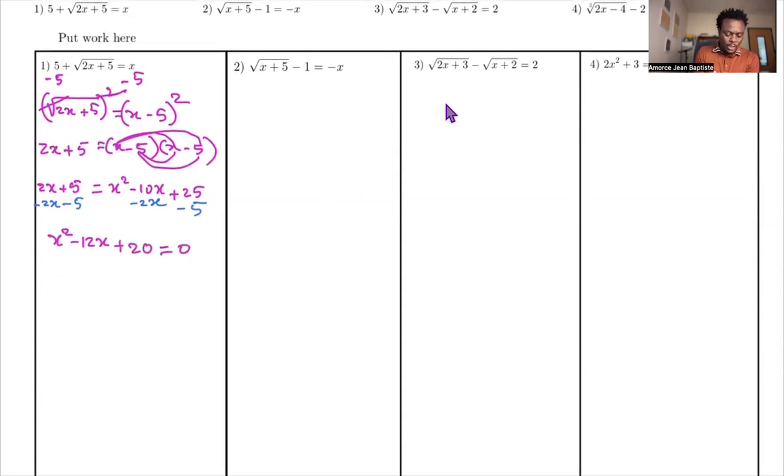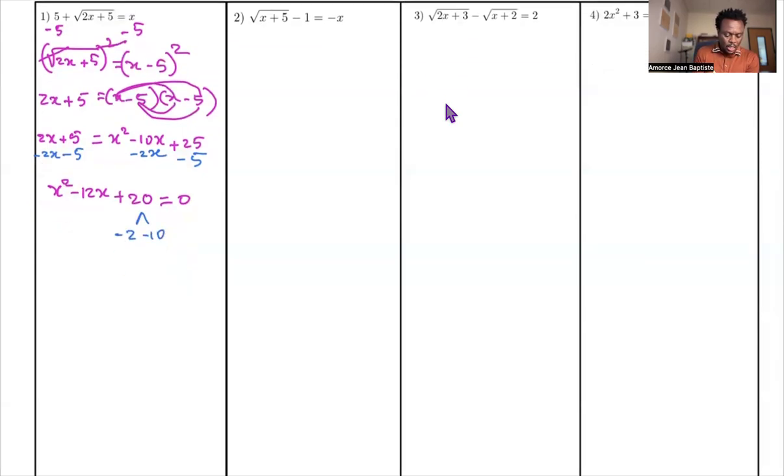Two factors of 20 that add to negative 12 are negative 2 and negative 10. And then the factored form of the expression x squared minus 12x plus 20 equals 0 would be x minus 2 times x minus 10 equals 0.